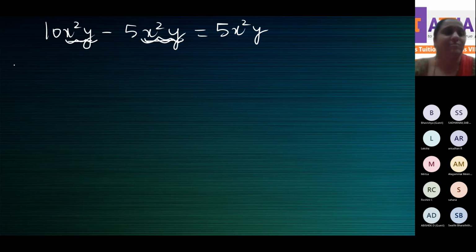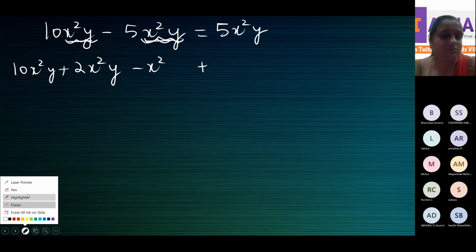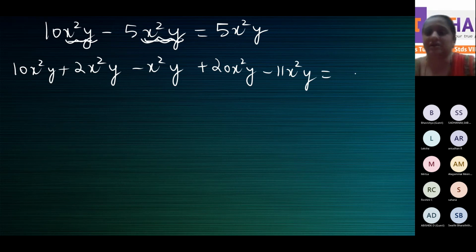See, when you add or subtract, if you have 10x square y plus 2x square y minus x square y plus 20x square y and minus 11x square y, in the result, x square y will come as it is.